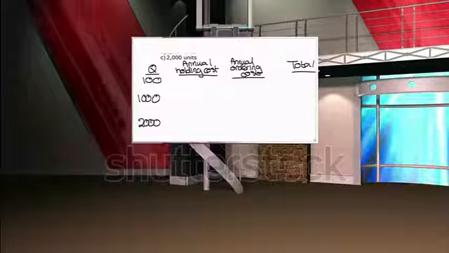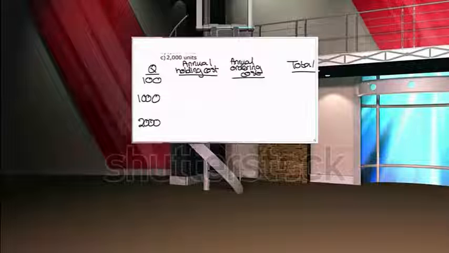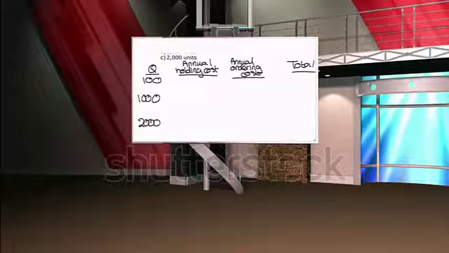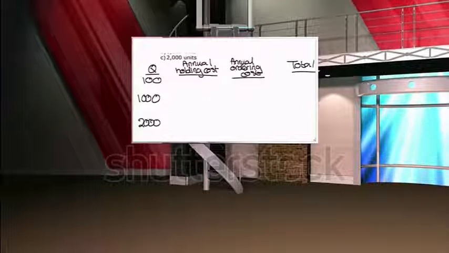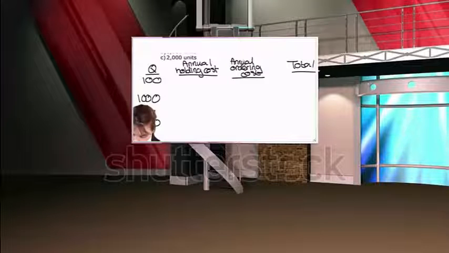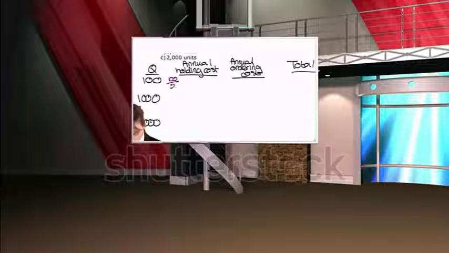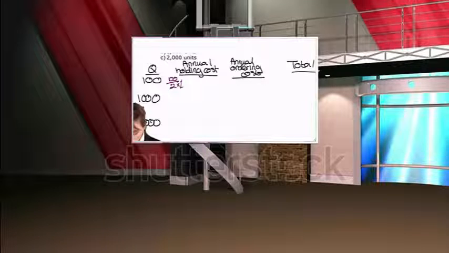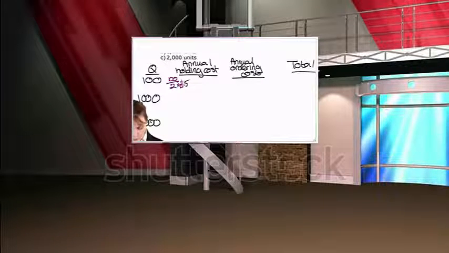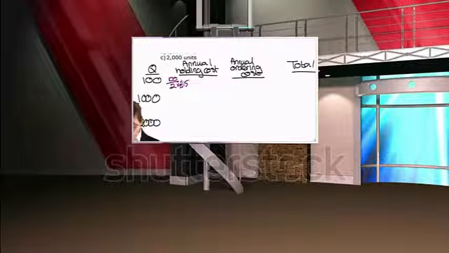So remember, we have our 2 key formulae we can use to calculate each of these things. Our annual holding cost at an order quantity of 100 will be the order quantity over 2 multiplied by the cost of holding 1 unit per annum.